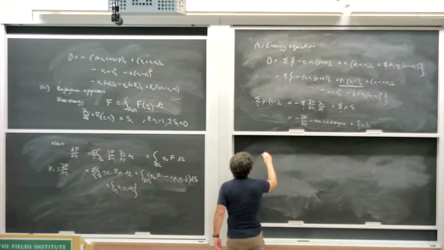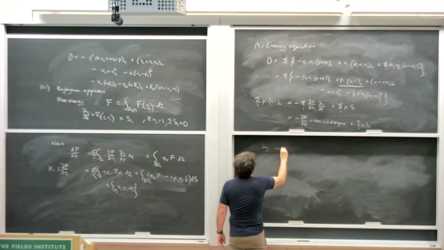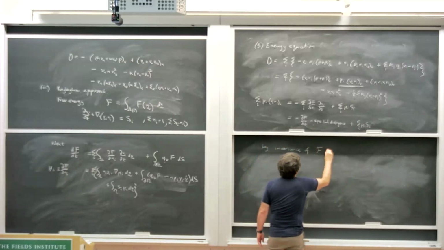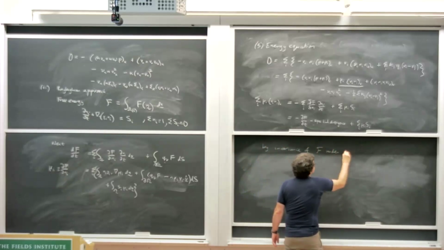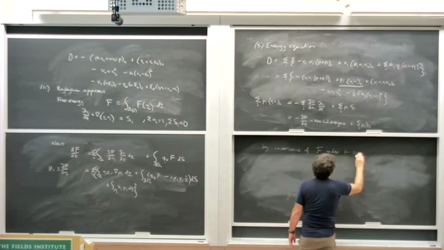So the two things which imply that: by invariance of F under t translations. Okay, so there's no explicit appearance of t in little f. It only appears because the n_i's depend on t.